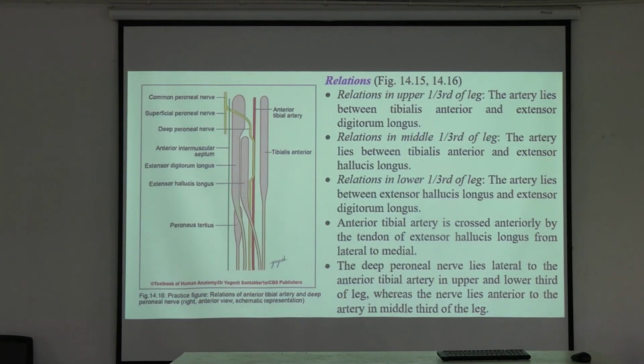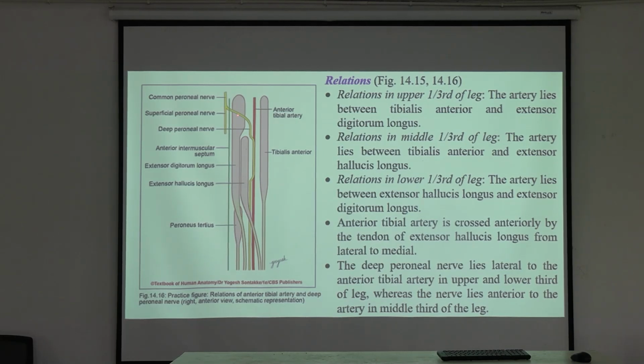Now I told you about this nerve coming from the common peroneal nerve which divides into superficial and deep. Superficial is for the lateral compartment, the peroneal compartment, and deep is coming in the extensor compartment. It remains lateral. In the middle it tries to cross, again it goes to the lateral side as if it hesitates to cross this artery.